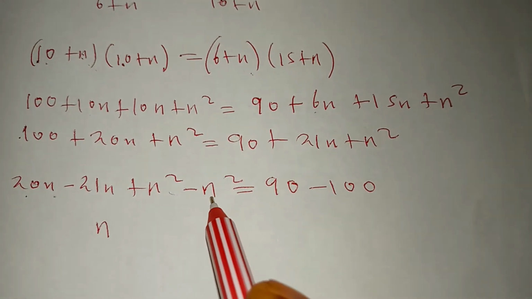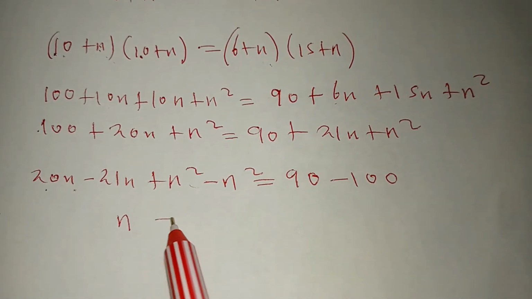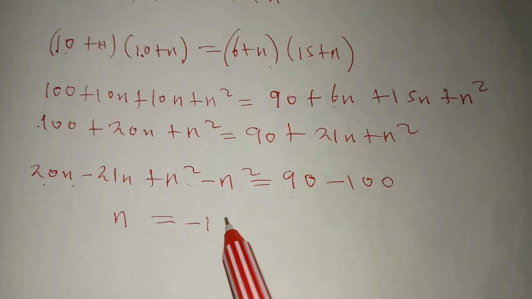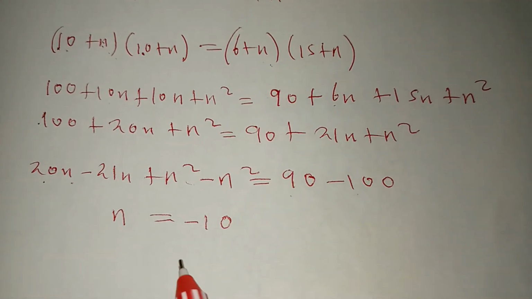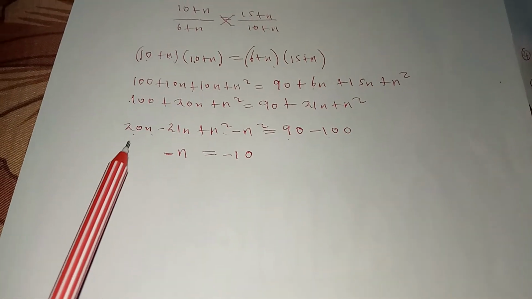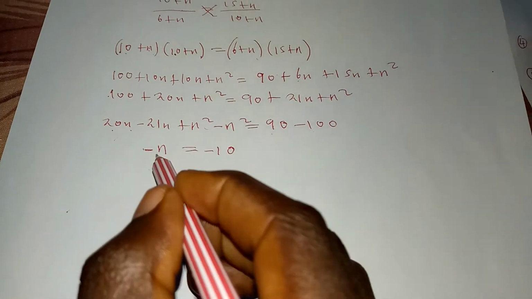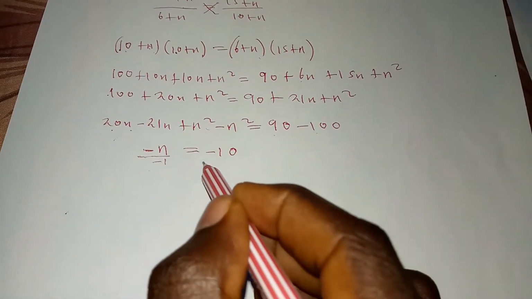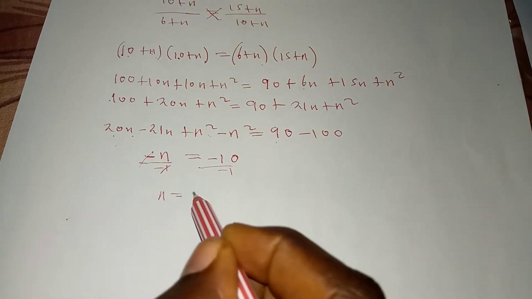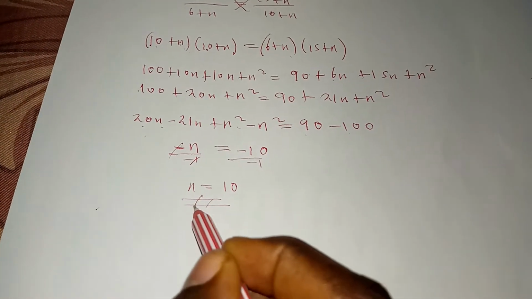N squared minus n squared, it is a 0 there. So this will be equal to 90 minus 100, that will be negative 10. So here when we say 20n minus 21n, it gives us negative n. Then we divide by negative 1, negative 1. Finally, n will be equal to positive 10. So this is the answer for n.